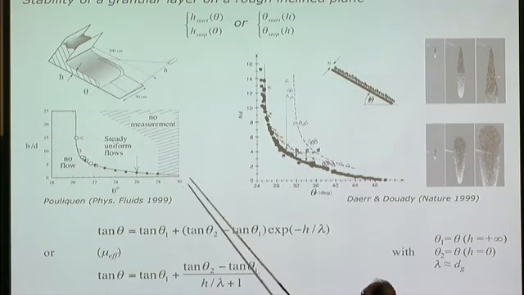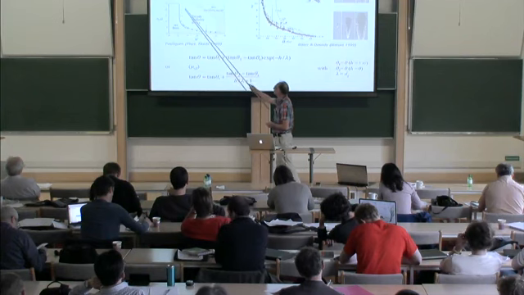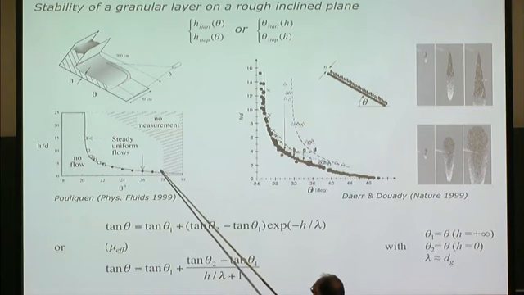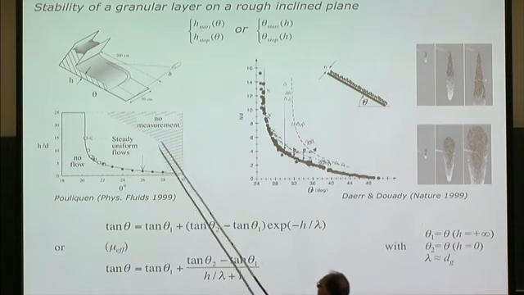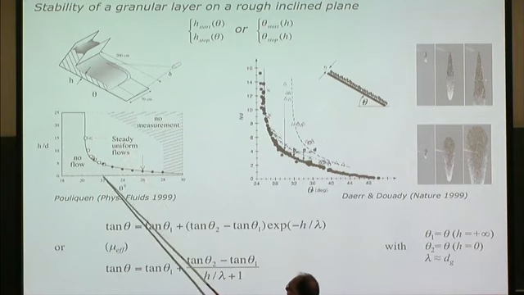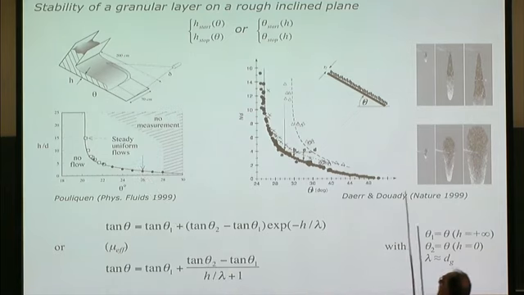In this configuration, this curve corresponds to the thickness of the granular layer that remains on a rough plane at a given angle theta. So it corresponds to the stopping curve.